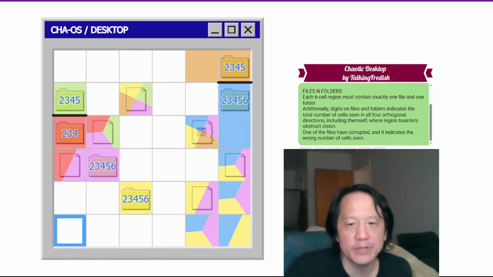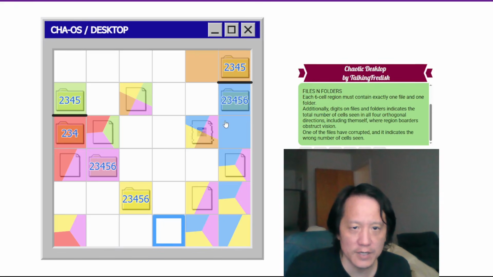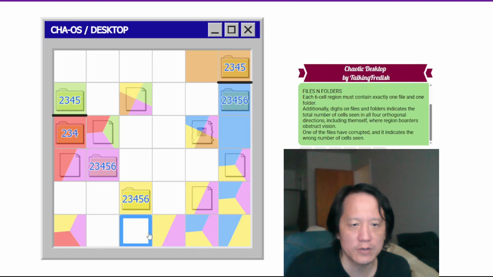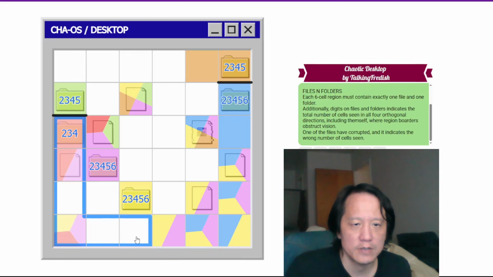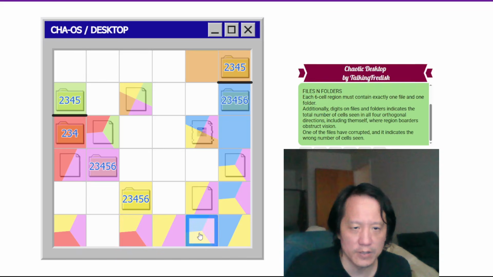This is red, pink, or yellow. That's not helpful. This cannot reach blue. This is only pink or yellow here. This can reach red. So this is red, pink, or yellow.